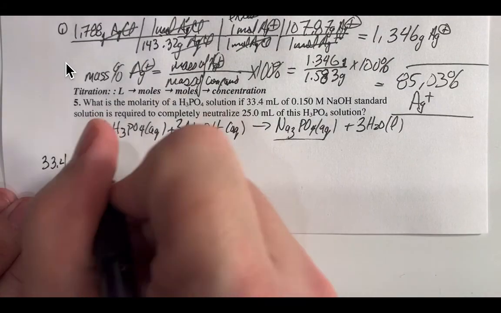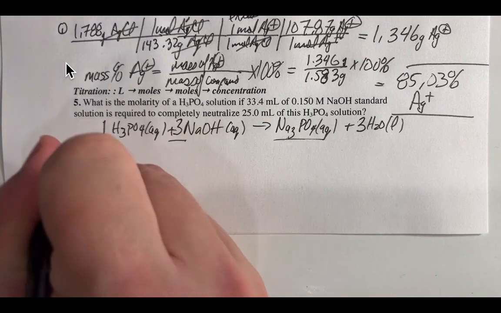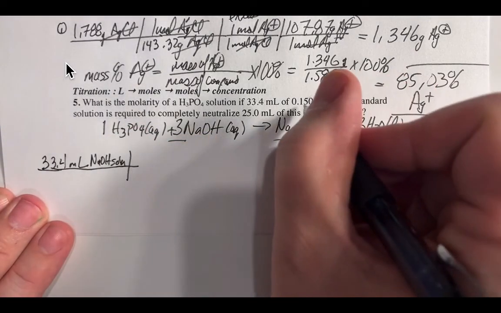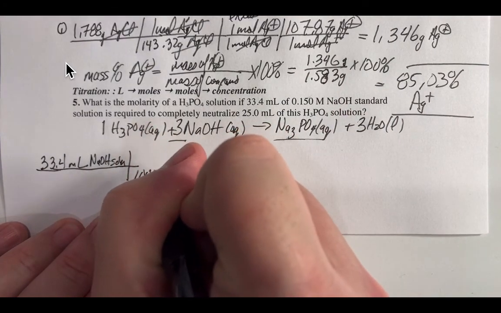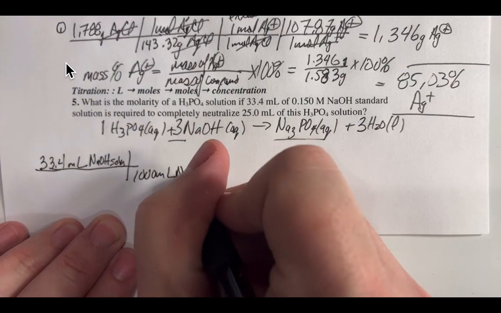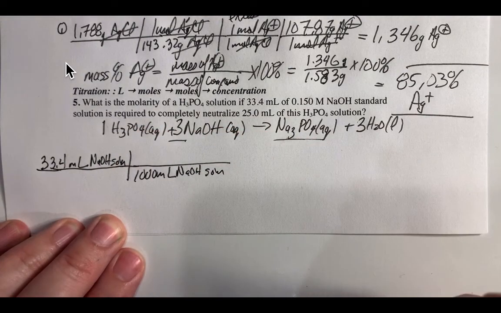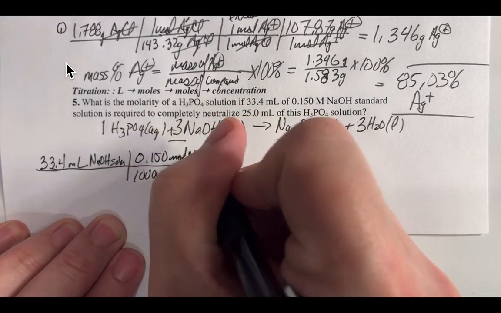33.4 milliliters of the sodium hydroxide solution. Okay, now I can get my hooks into it with the molarity. And 1,000 mLs of the sodium hydroxide solution will contain 0.150 moles of sodium hydroxide.